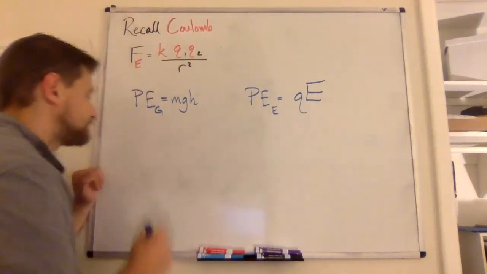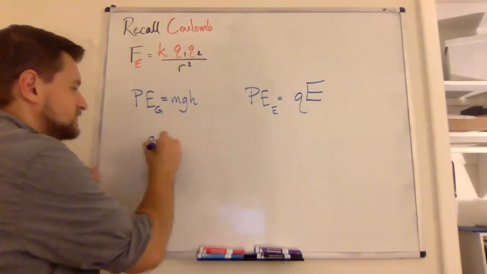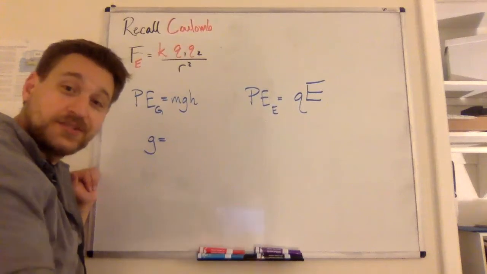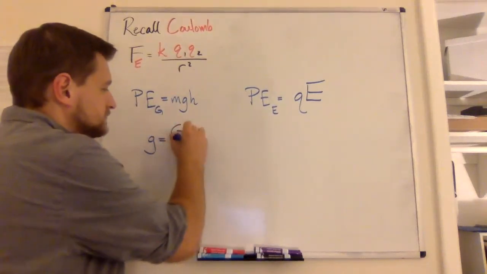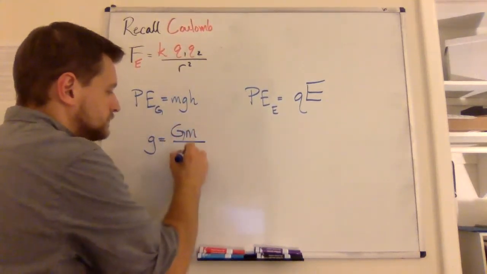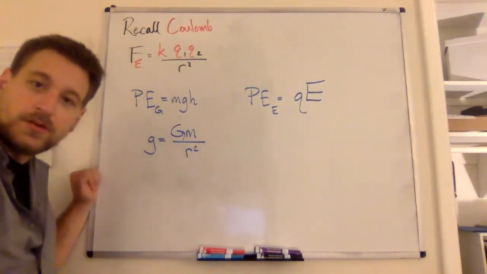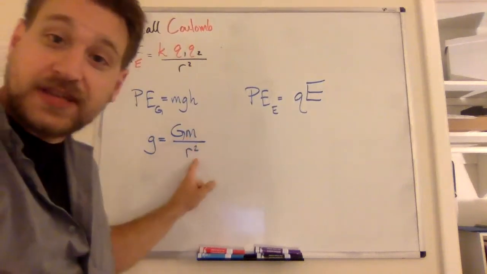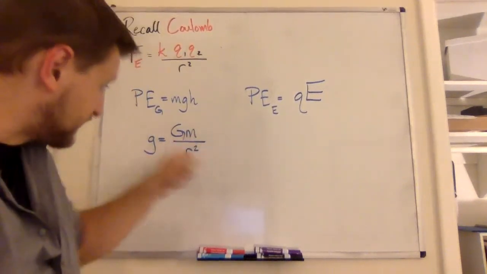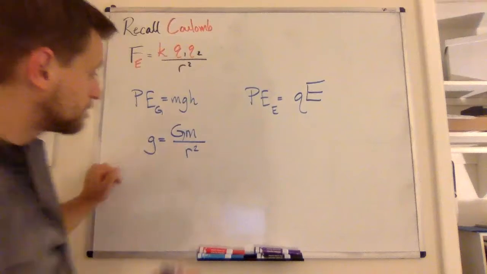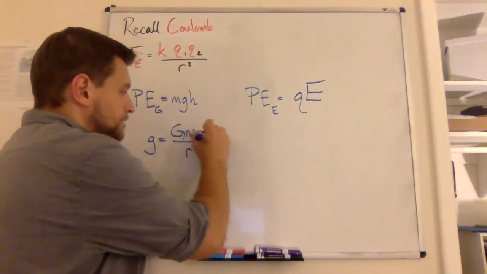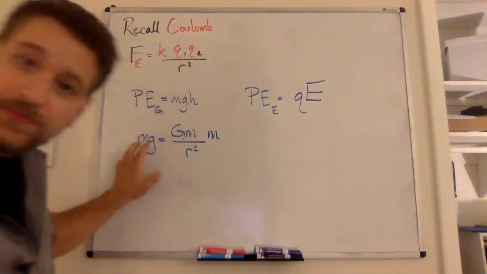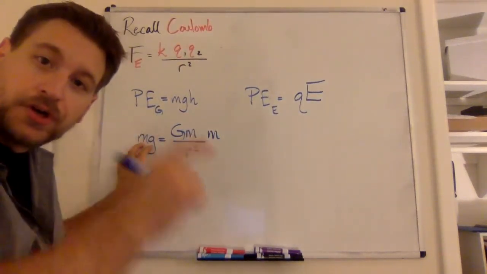Check it out. g, the magnitude of the acceleration due to gravity. We calculated 9.8 meters per second squared using the mass and the radius of the Earth. This expression is the force of gravity per unit mass.